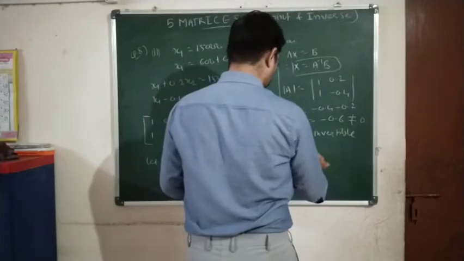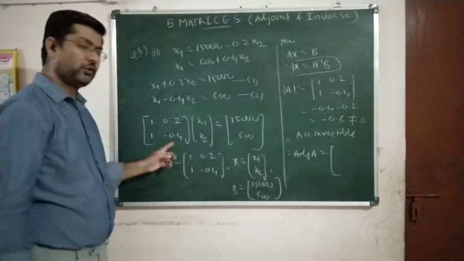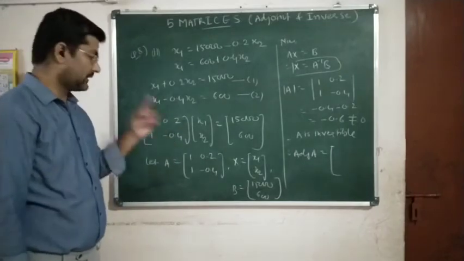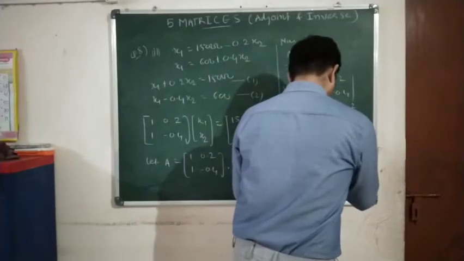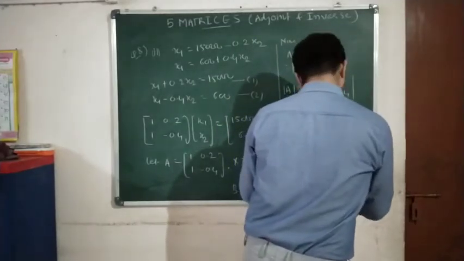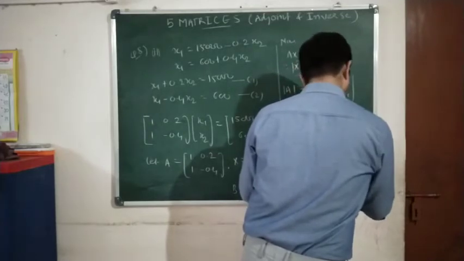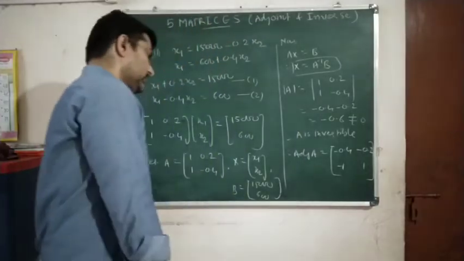Okay, adjoint of A we can find out by interchanging the diagonal elements and only changing the signs of off-diagonal elements. So minus 0.4, minus 0.2, minus 1 and 1. Okay, done. So this is adjoint.